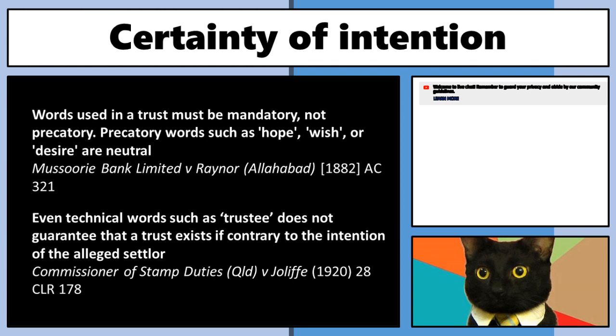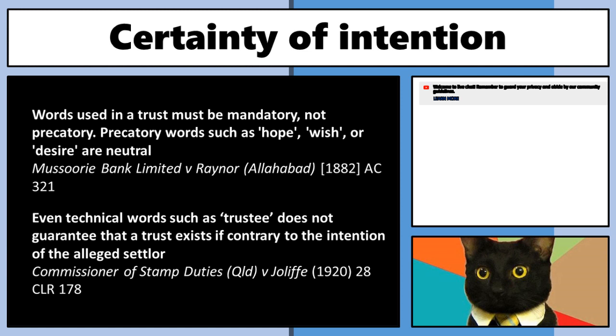Those are precatory words. So that particular phrase, precatory language, is insufficient to create a trust. Strictly speaking, they're neutral. They don't negate the existence of a trust, but they're not going to be sufficient. It's possible, if you were looking at other things, and again, the objective intention test, you could look at other actions the person was doing. That may still be that a trust is created, but those words alone won't be sufficient.